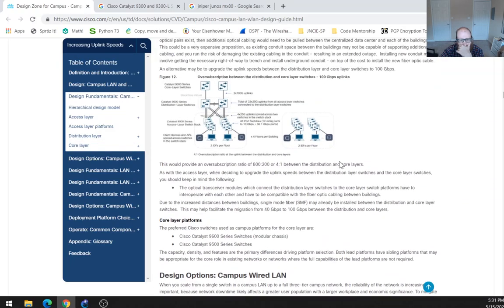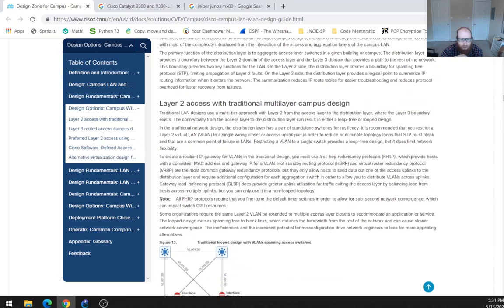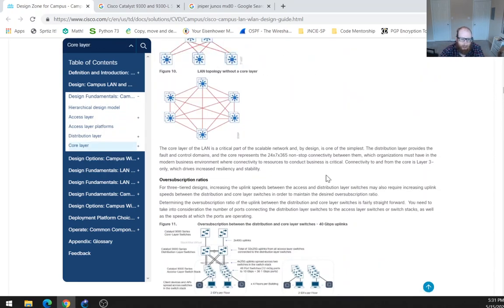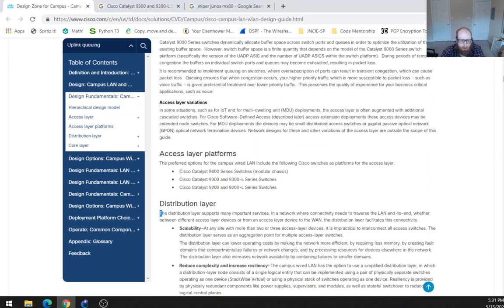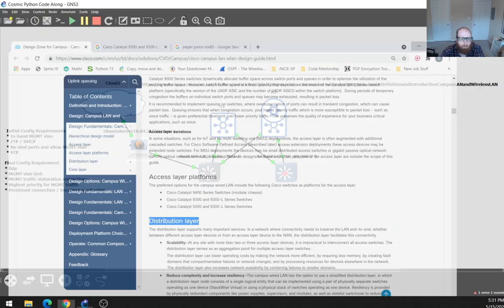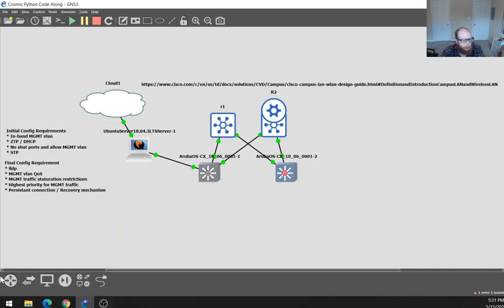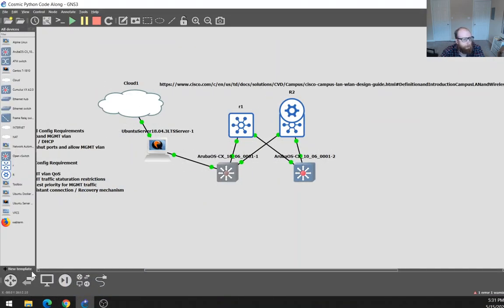So it looks like there's just options, but we want to choose just the model of switch for now. Okay, so we're going to go to switches.